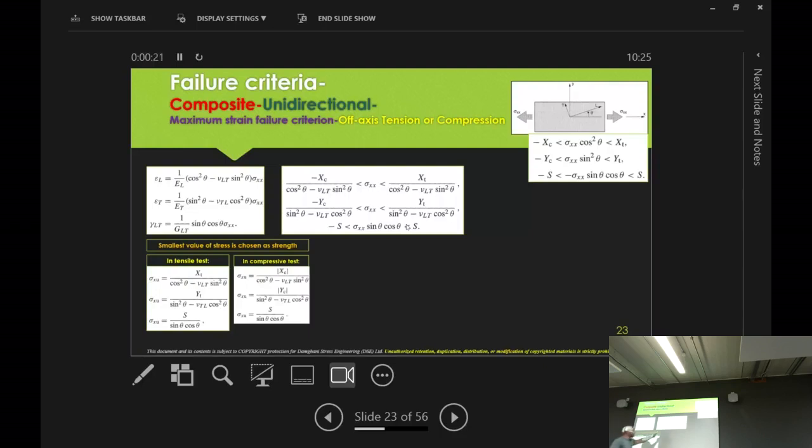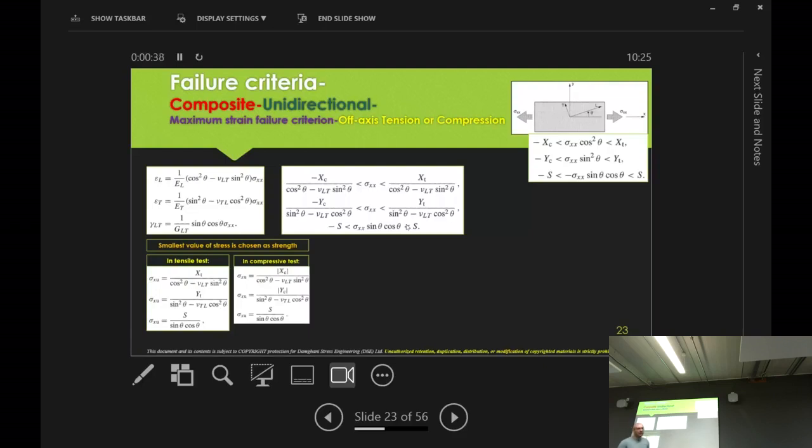You can see the shear component hasn't changed. It's the same. But in the sigma xx direction, it's got the effective Poisson's ratio in there, nu LT, cos of theta to the power of 2.